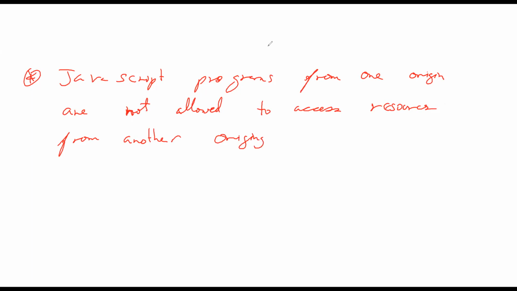Right, and the example that I can give you, for instance, is the cookie. The cookie in particular would be something that belongs to the DOM of one domain. It should not be accessed by the DOM of another domain via JavaScript or what have you. Any questions about that, guys? So JavaScript programs from one origin are not allowed to access resources from another origin.